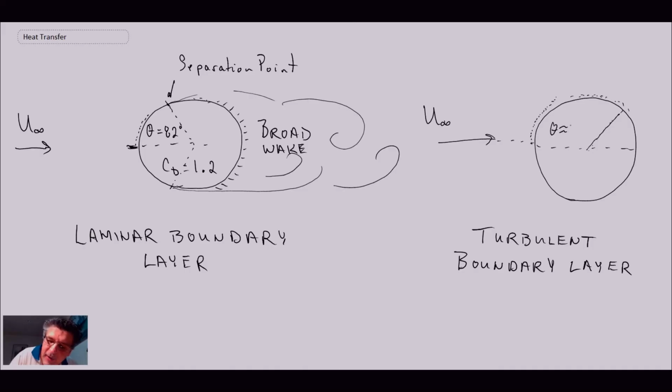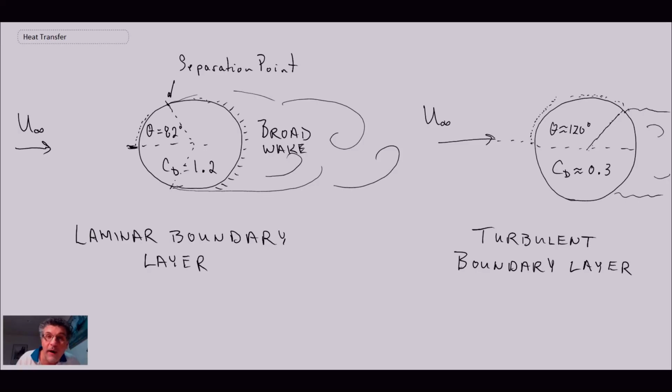So theta approximately 120 degrees. And with that, consequently, we have a much narrower wake, and that then has implications for the convective heat transfer on a cylinder. And so here CD of 0.3 would be an approximation.